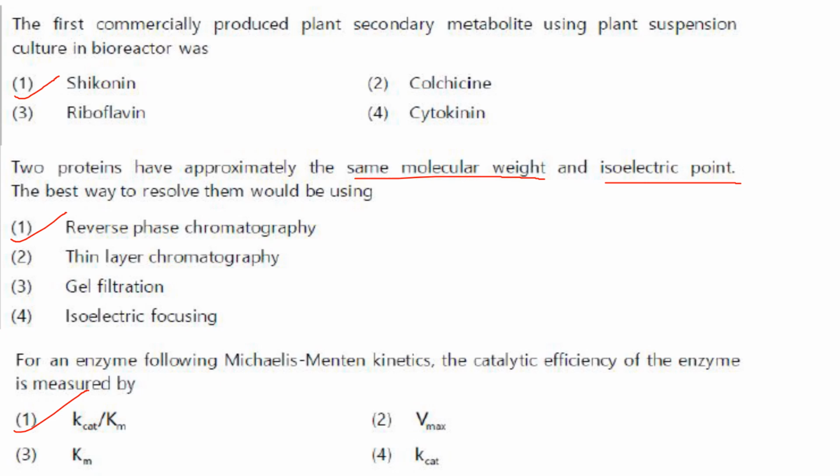Isoelectric focusing separates proteins based on their different isoelectric points. Here they have the same isoelectric point, so that also cannot be used. Then TLC is used to separate mixtures based on their differences in polarity. They have not mentioned anything regarding polarity here. The polar amino acids are retained on the stationary phase. So that also is not possible.